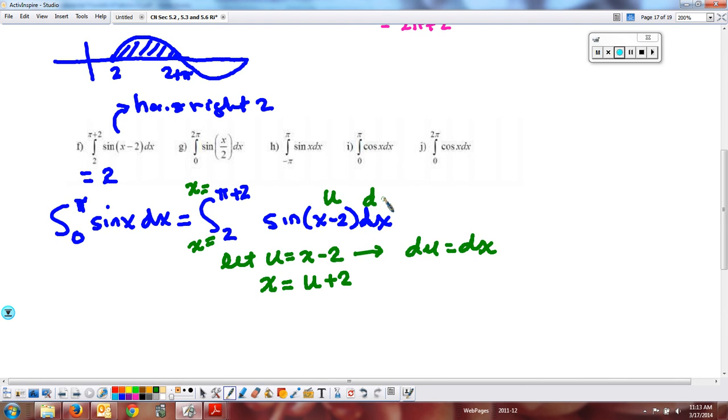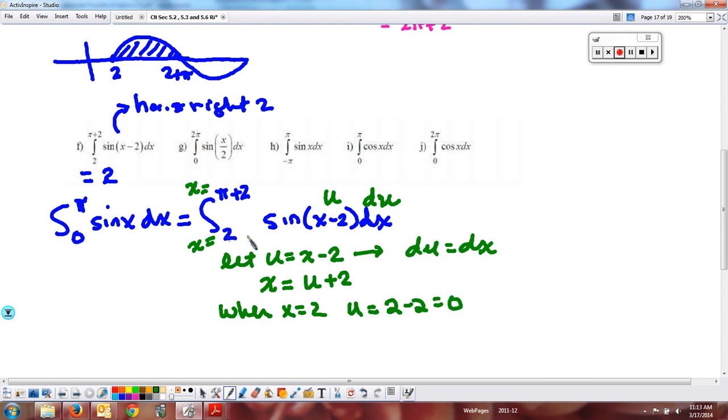Okay, so I can make this change to du, because these two things are equal. And then I can come over here and start changing my limits. Right now I have x is equal to 2. When x is 2, u equals x minus 2, or 2 minus 2, or 0.